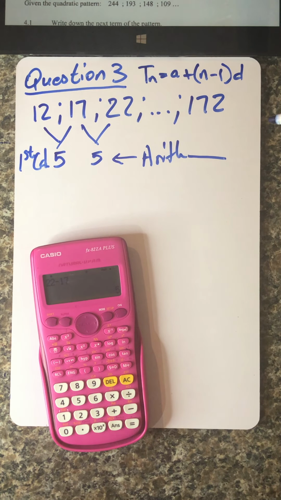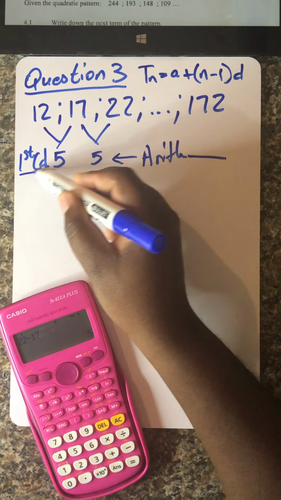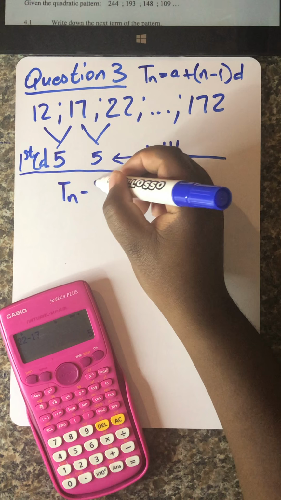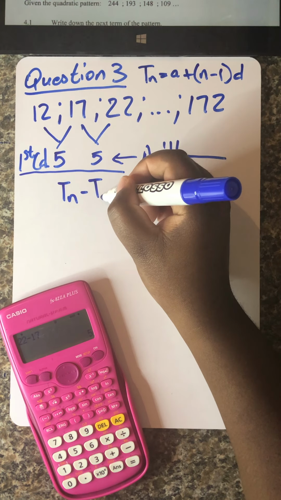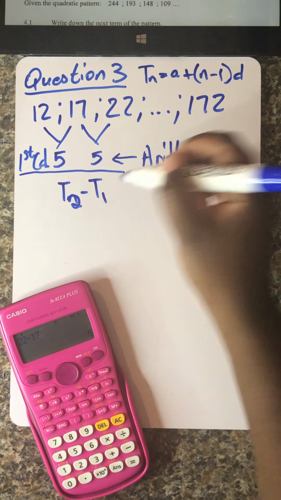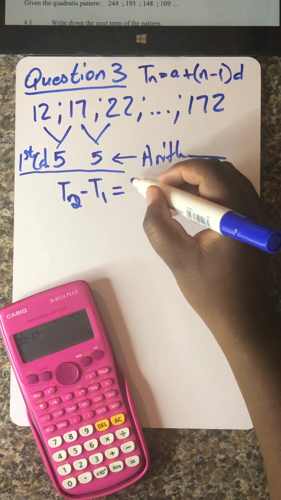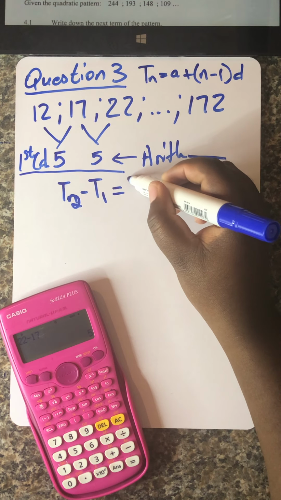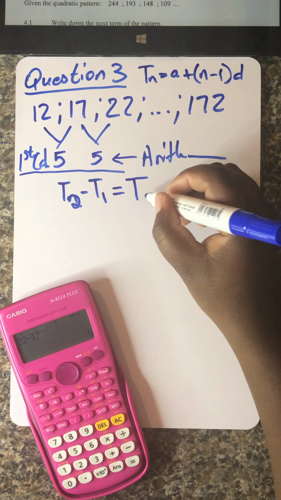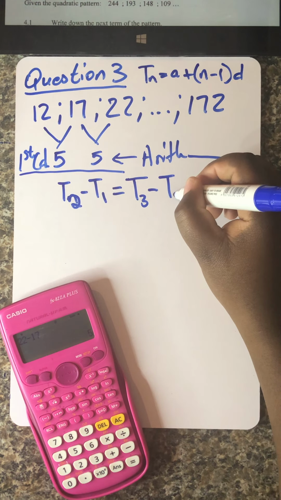Remember guys, the general formula for determining the first difference is term 2 minus term 1. Let me write 2 there and term 1 there. Or you can find it using term 3 minus term 2.